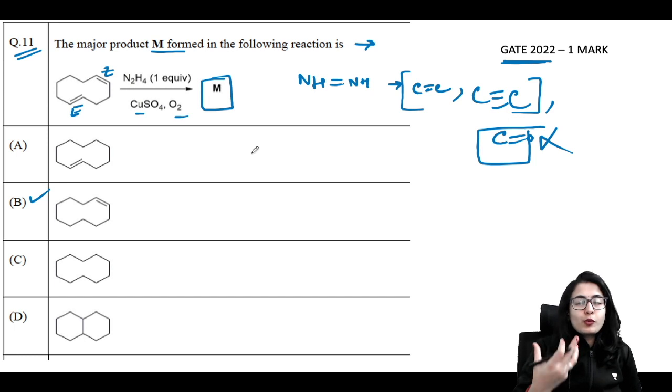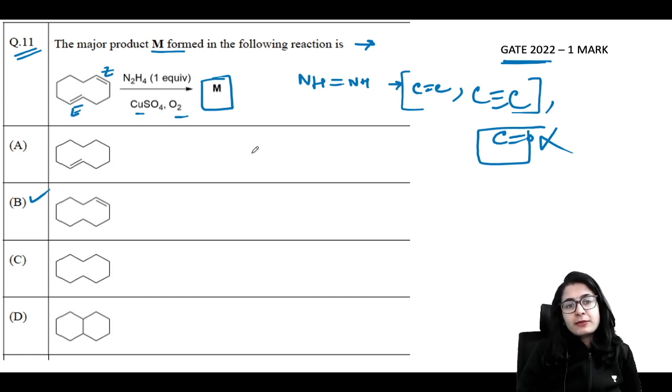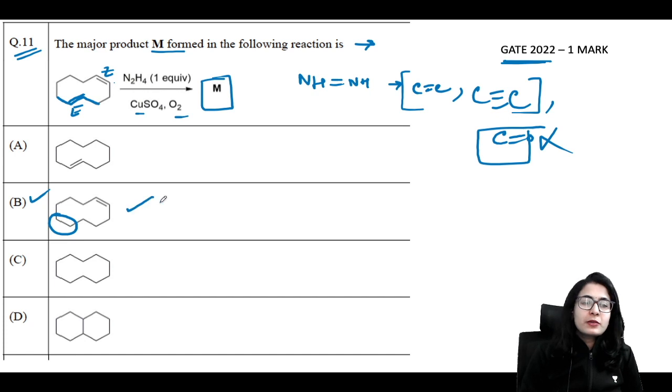If you are considering an open system, a trans bond has more stability. But in this kind of cyclic system, this trans bond is going to cause destabilization in the reaction, and that's why the cis bond is going to be reduced. So this is the more reactive bond, that's why. So B is the correct answer for this question.